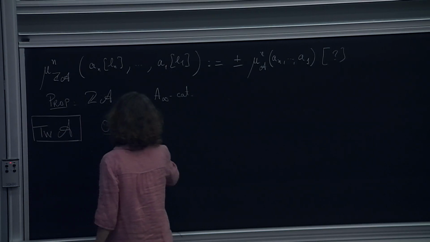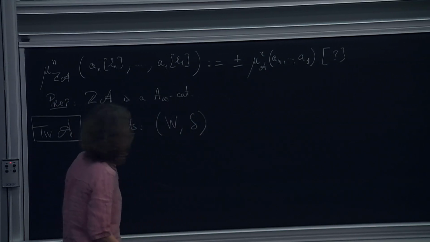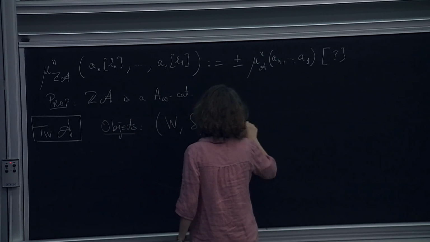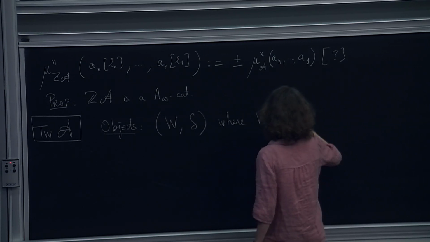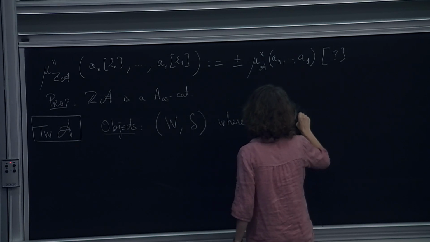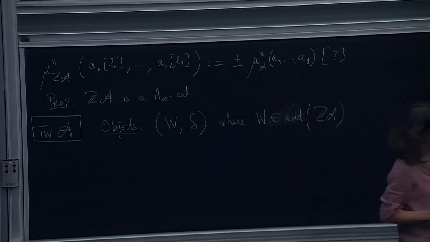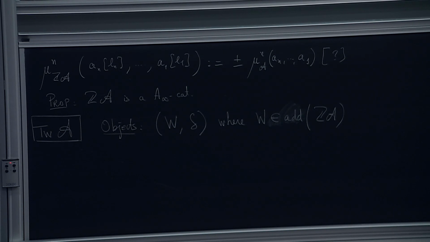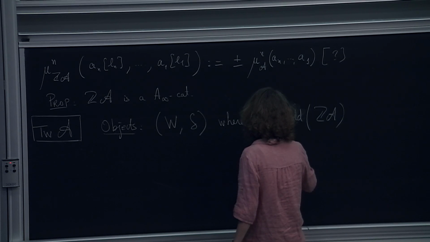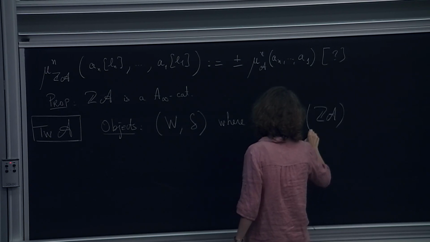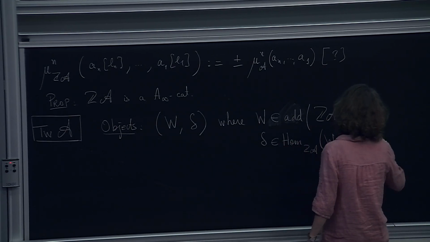So the objects are given by pairs (W, delta), where W is in the additive closure of this ZA, so it's a direct sum of all these objects, and delta is a morphism in ZA from W to W of degree 1.